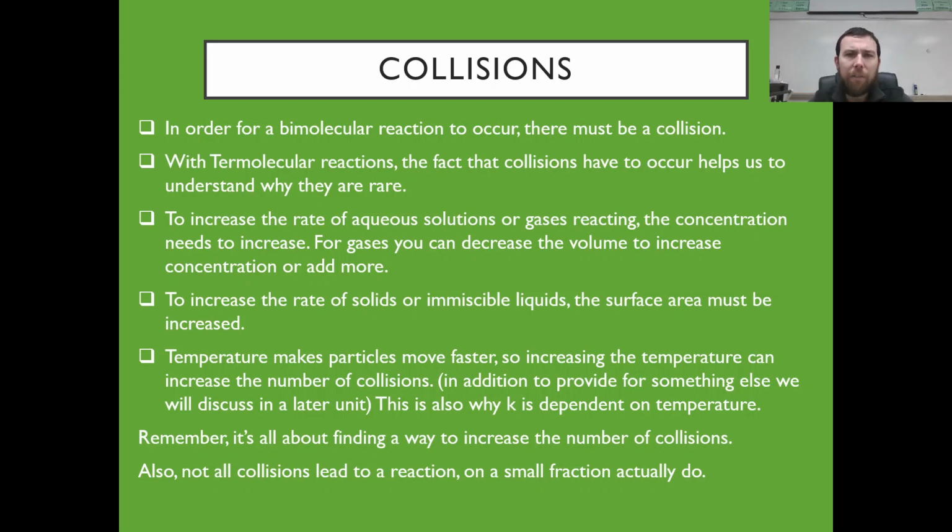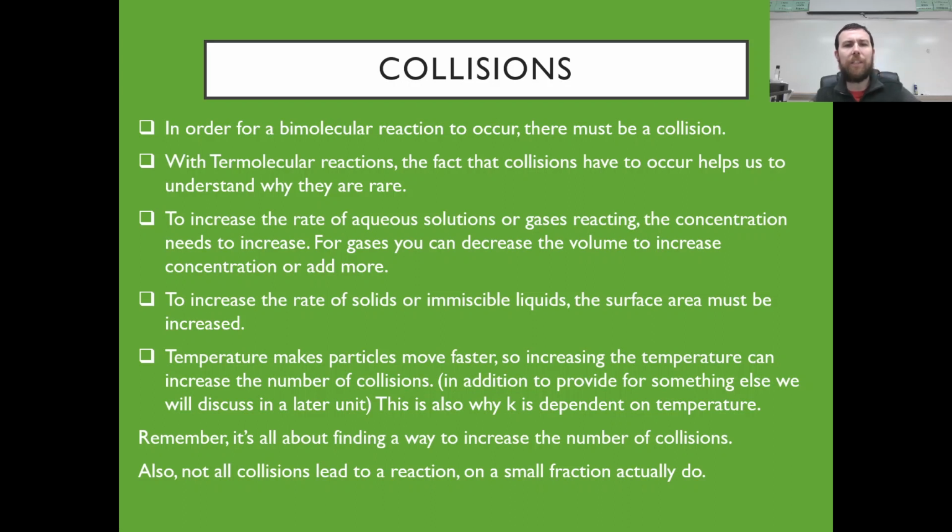Now, the other thing that's going to influence collisions is going to be temperature, right? We know that temperature is a measure of average kinetic energy. So if we increase the temperature, it's going to cause the particles to move faster. Well, if the particles are moving faster, it's going to cause an increase in the number of collisions, right?